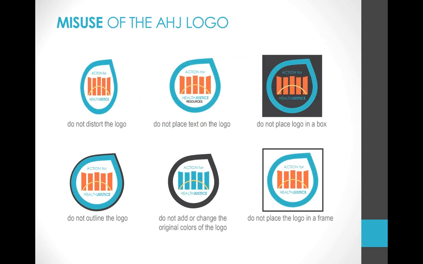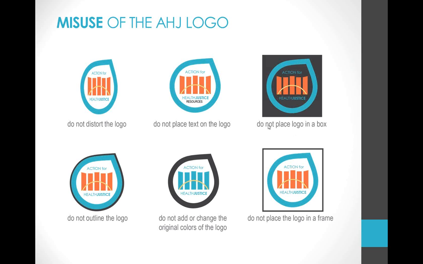So I want to go over some ways to misuse the AHJ logo. Over here you see it's a little distorted, it looks a little skinnier. That is not an appropriate way of using the logo. In the next one, you can see "resources" has been included within the logo, and once you change the logo, it becomes a different brand.